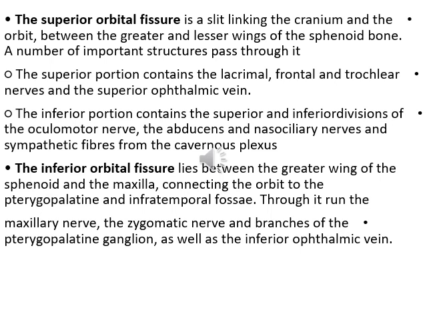The inferior orbital fissure lies between the greater wing of the sphenoid and the maxilla, usually at the junction between the floor and the lateral wall. It transmits to the orbit the maxillary nerve, zygomatic nerve, and some branches of the pterygopalatine ganglion.